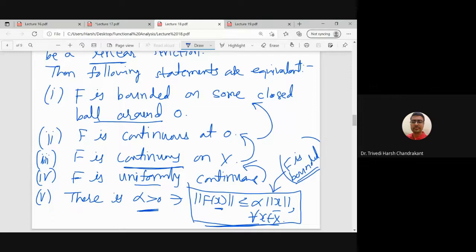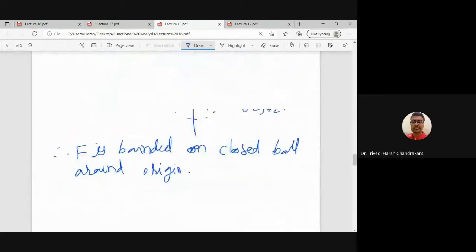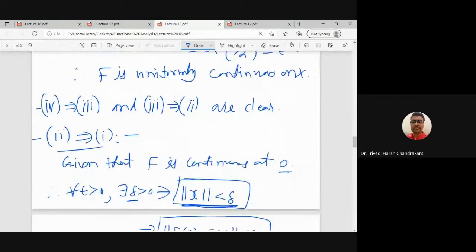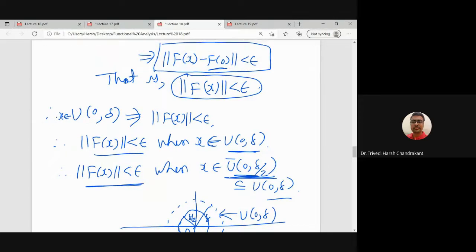Now the only thing left is 1 implies the fifth part. So 1 implies fifth part means this condition is given, whatever we proved. This condition is given: on some closed ball U closure (0, r), when x belongs to that set, norm of f(x) is less than some fixed number.